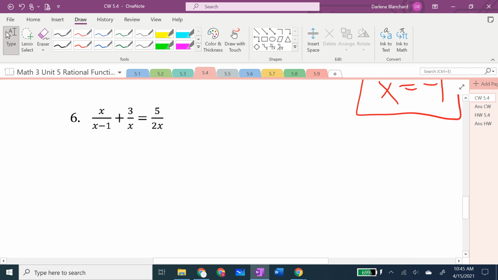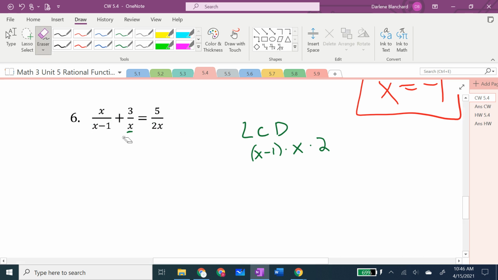With number 6, you really need to think about that least common denominator. You have an x minus 1. You're stuck with it. You have an x, but then you have a 2 times x. Let's not bring in more than we need to. You just want to look at what is a factor in 2x that hasn't been accounted for yet, and that would be just the 2.